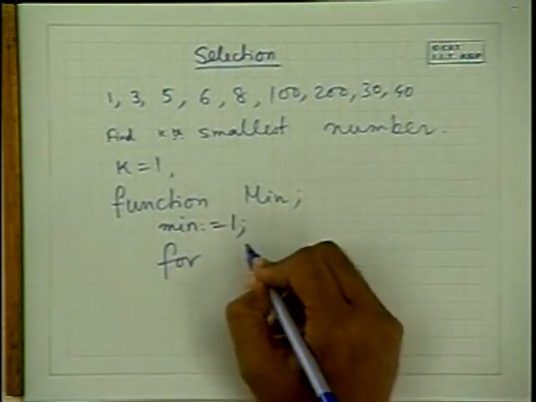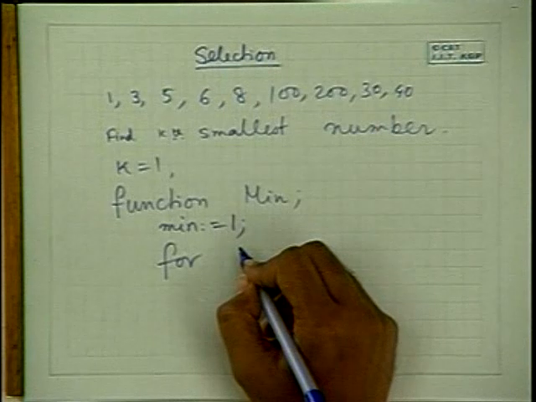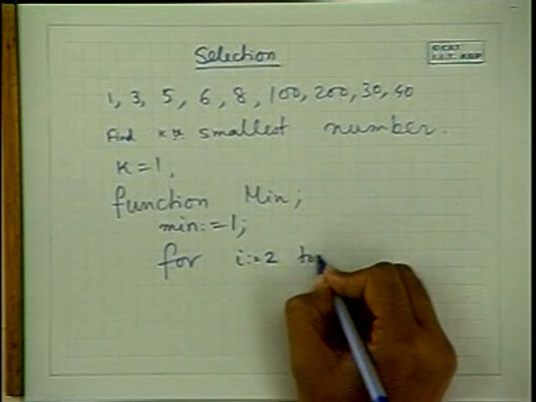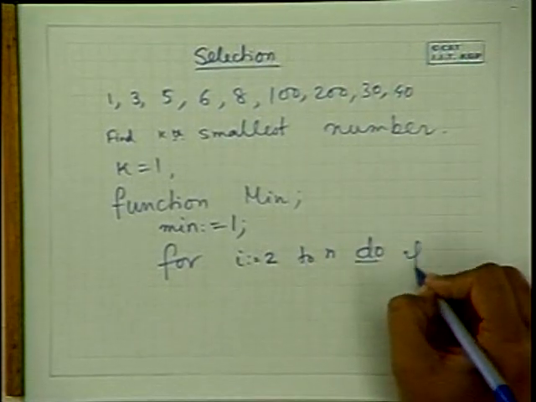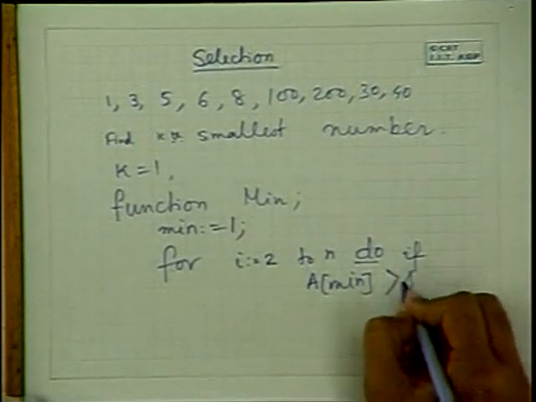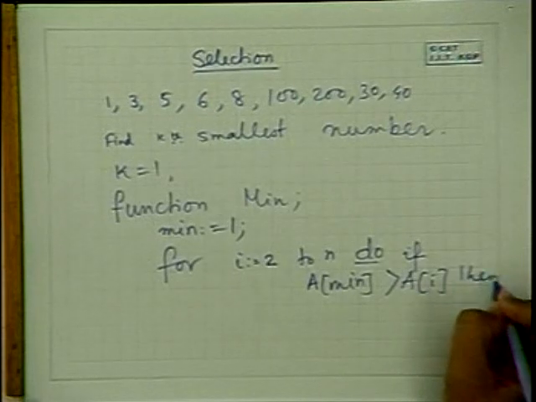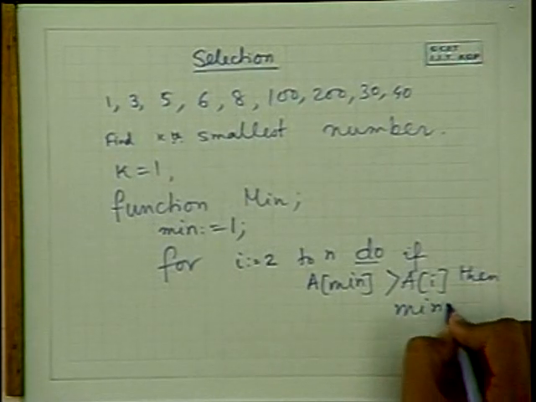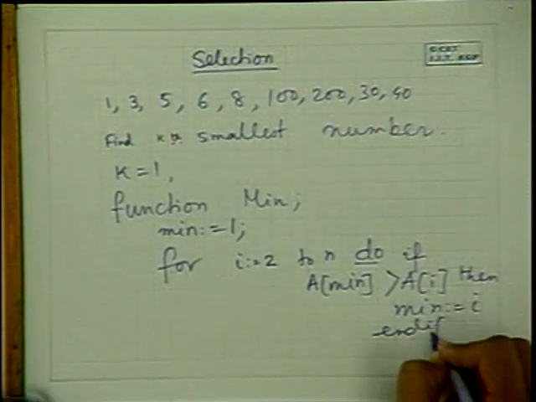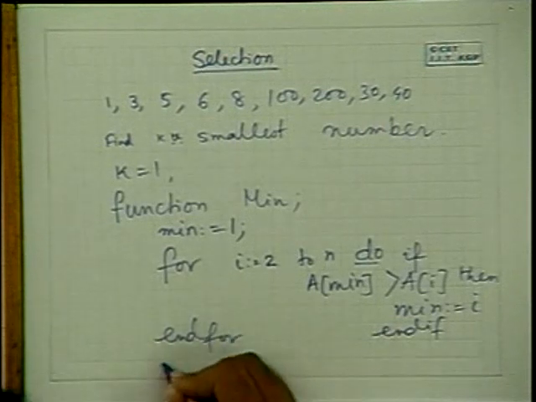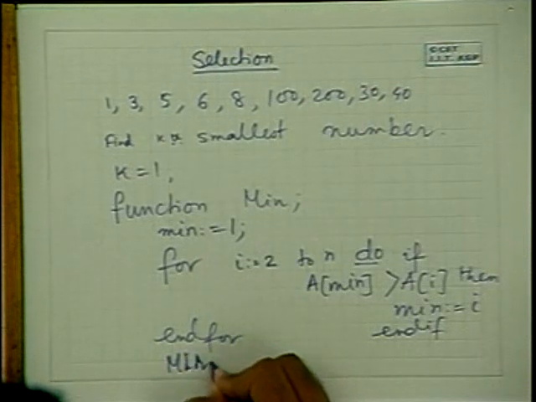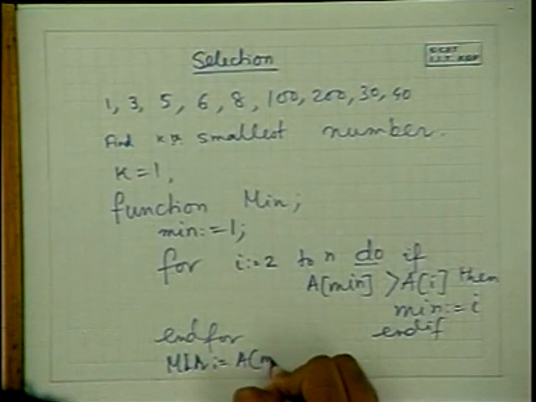I assume the numbers have been given in an array A. So for i equal to 2 to n, do: if A[min] is greater than A[i], then min is equal to i, end for, and you output min is equal to A[min].